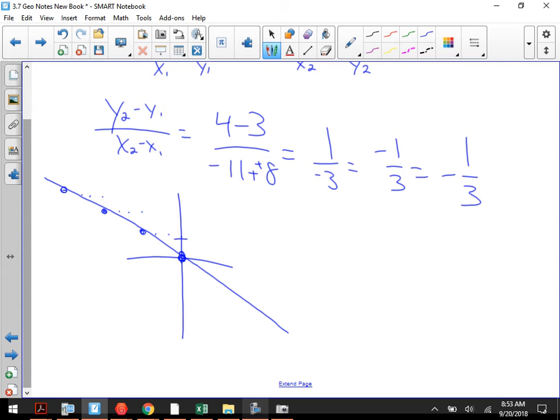All three of those mean the same thing. I believe if you threw that in the calculator, it probably just spit out negative 1 over 3. That's fine. If you're cranking it out by hand, you would have done it the way I did, and then realize, okay, up and left is the same thing as down and right. That's why the idea is showing you guys that they mean the same. The directions are the same.